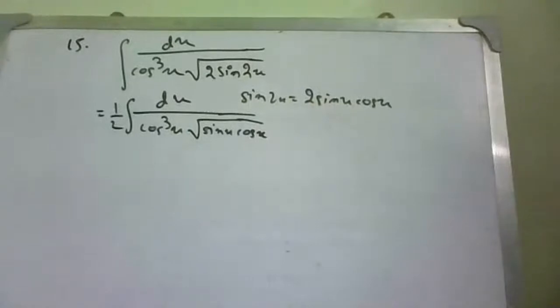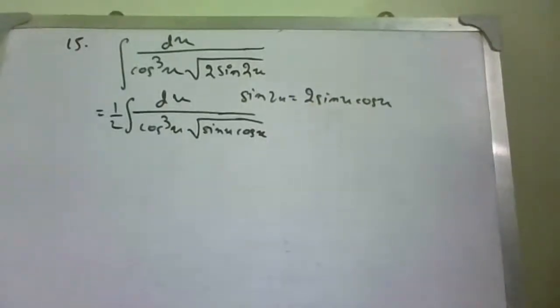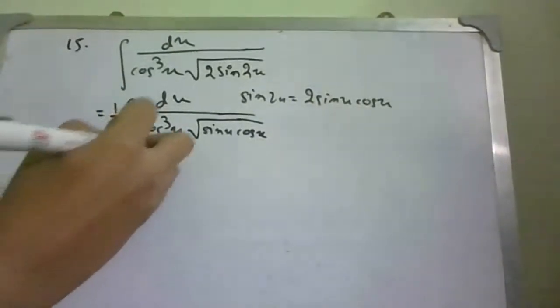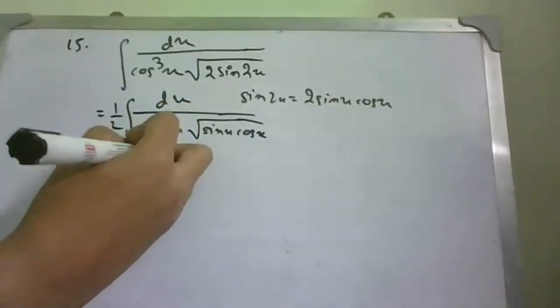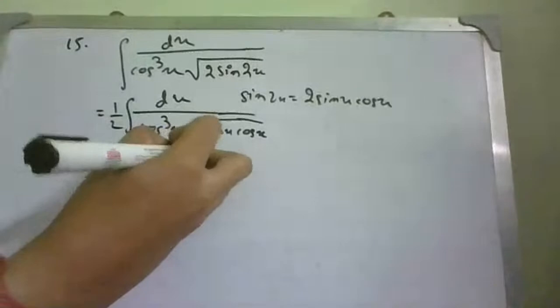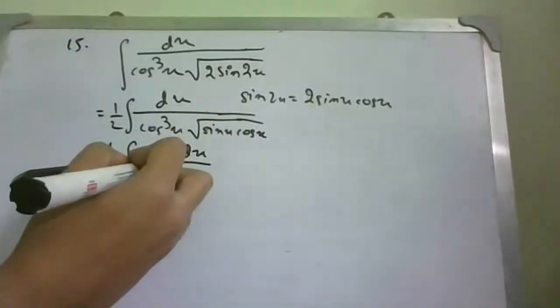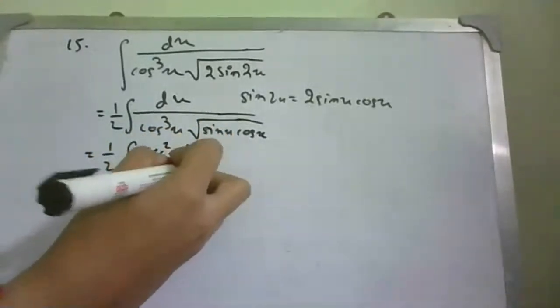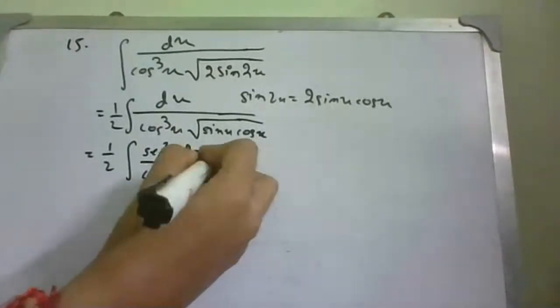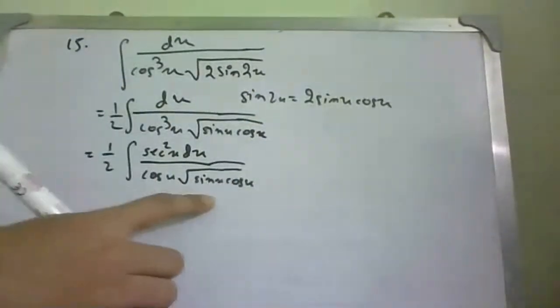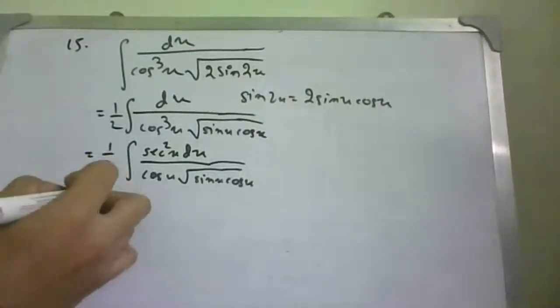Can we do something with tan? Let's try. Let's divide the numerator and denominator by cos square x. Sec square x dx over sine x cos x. Let's put this thing inside.